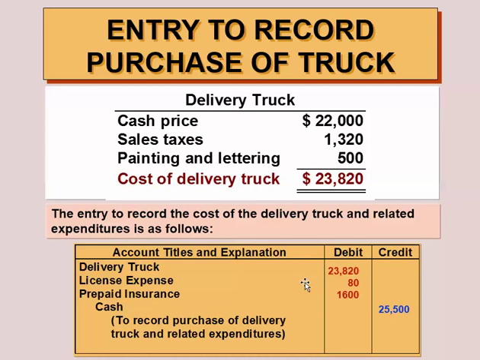We're going to debit the license expense and the insurance. Remember, insurance is prepaid. We can always cancel it and get our money back. So that's an asset. And then we will credit cash for the total of all three of those. Licenses and insurance are expensed as incurred. That's why they're not becoming part of the cost of that truck.